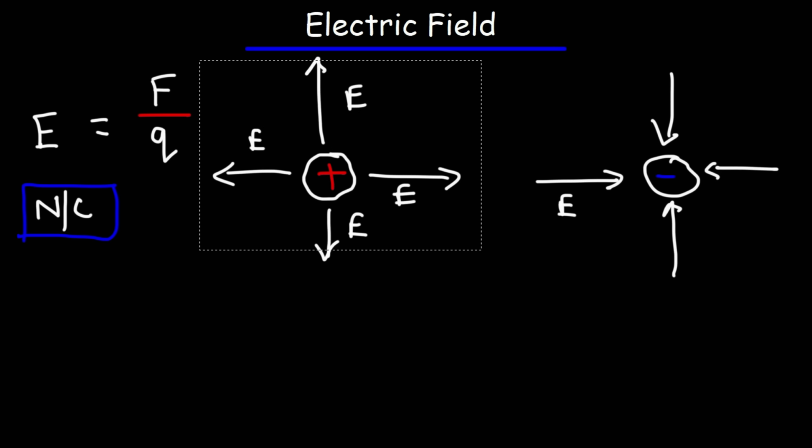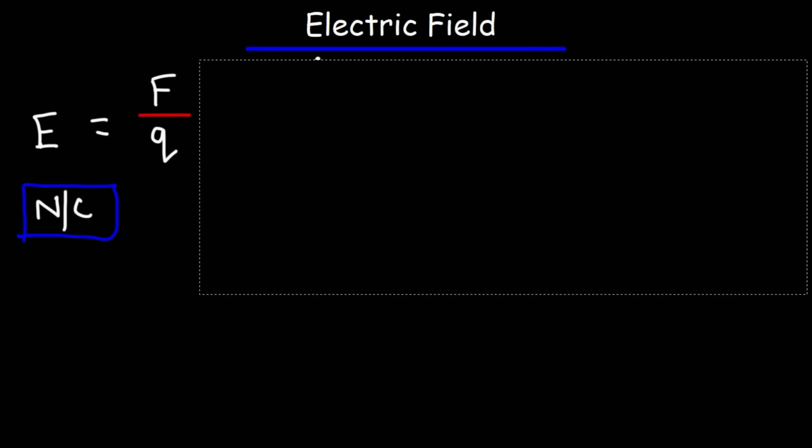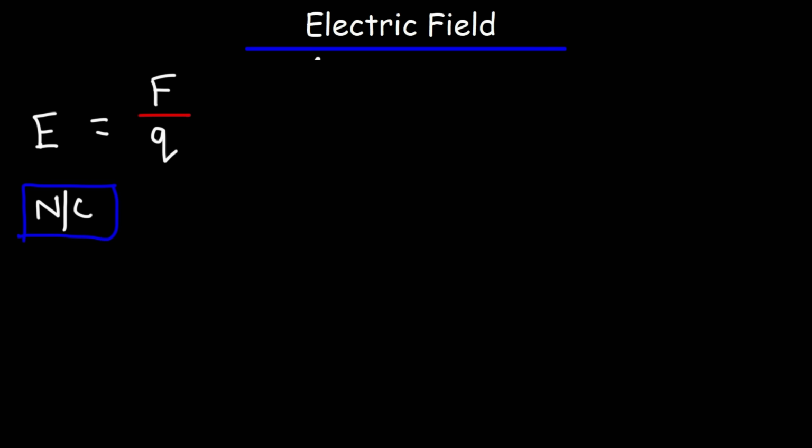Now let's talk about the equation that will help us to calculate the electric field created by a point charge. So let's say we have this charge, which we'll call big Q. And we want to calculate the electric field at some point A. How can we do that?